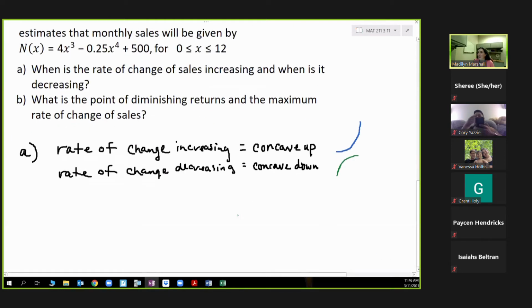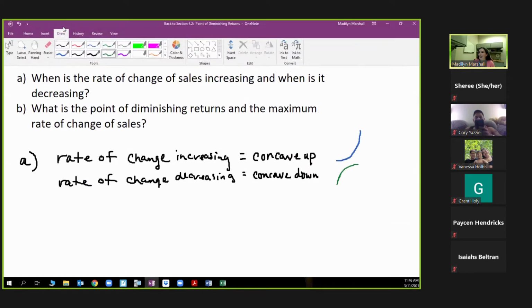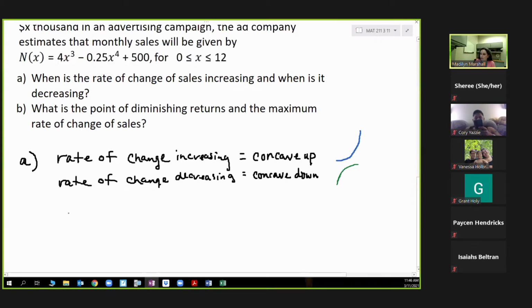That means we need to find where this function is concave up and concave down. So this is our function.